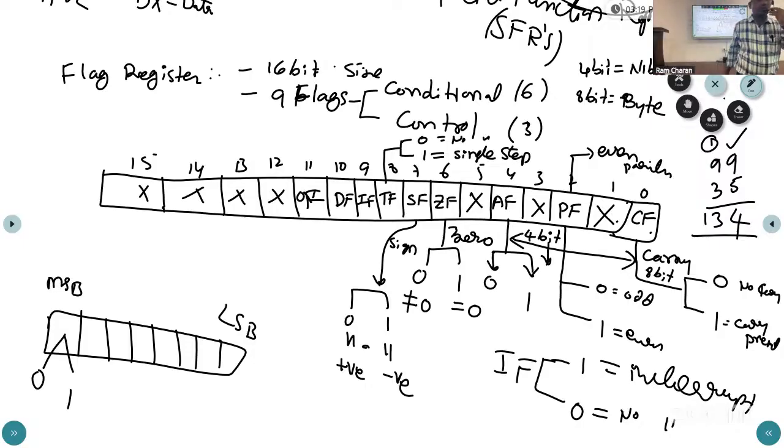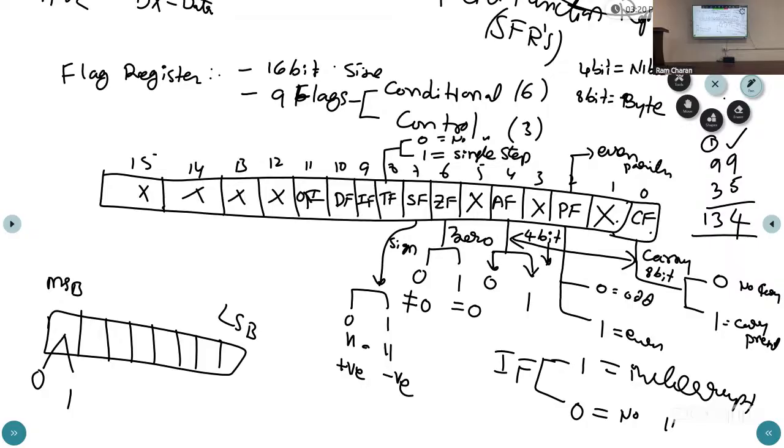Okay. So now the size of the flag register is 16 bits, right? So in that, how many flags are we using? 9 flags. So those 9 flags are again divided into two types. One is conditional flags, the other control flags.